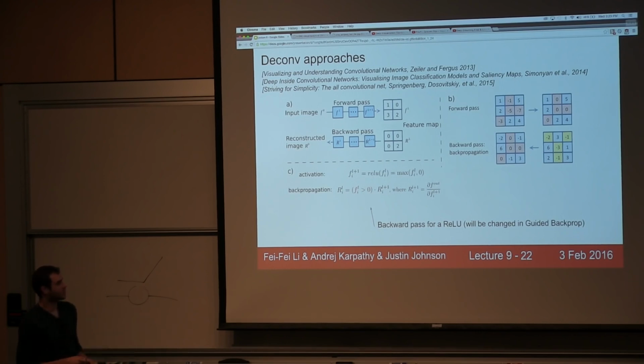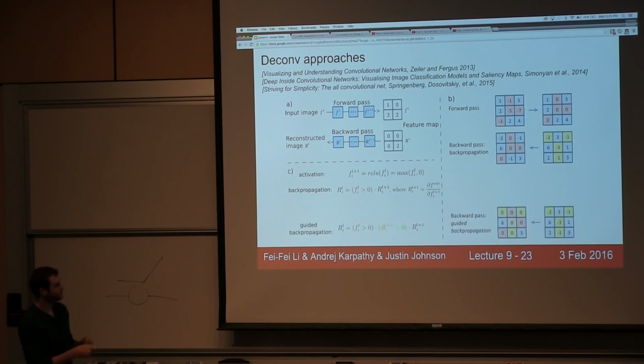Now in guided backpropagation, what we'll do instead is change the backward pass of the ReLU layer in the following way. We compute what we had before, the ReLU pass, but in addition we have this additional term, which says that we only backpropagate through the ReLU neurons that have positive gradient.